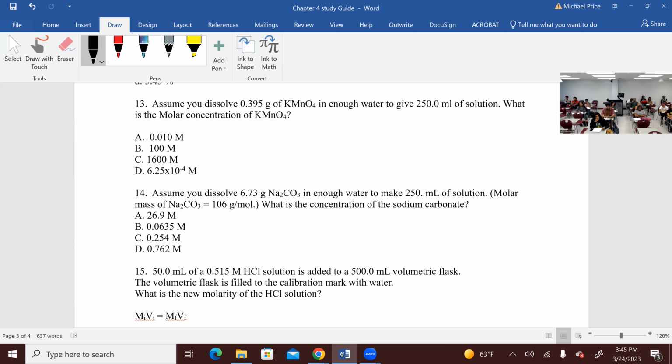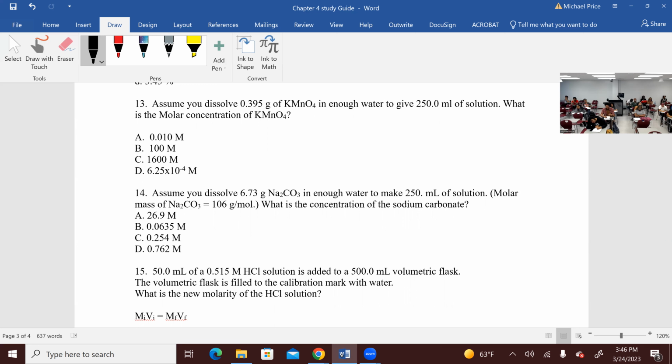So the first thing we want to know is how many liters that is: 0.250. But notice that they didn't give us moles of potassium permanganate. They gave us grams, so we need to convert grams to moles.